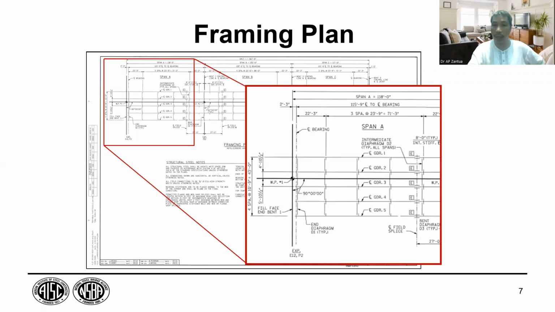Then a blow-up view of the framing plan: field splice and bent. The field splice is the splicing part. There are again intermediate diaphragm, bearing, center of bearing, meaning the location of the bearing.